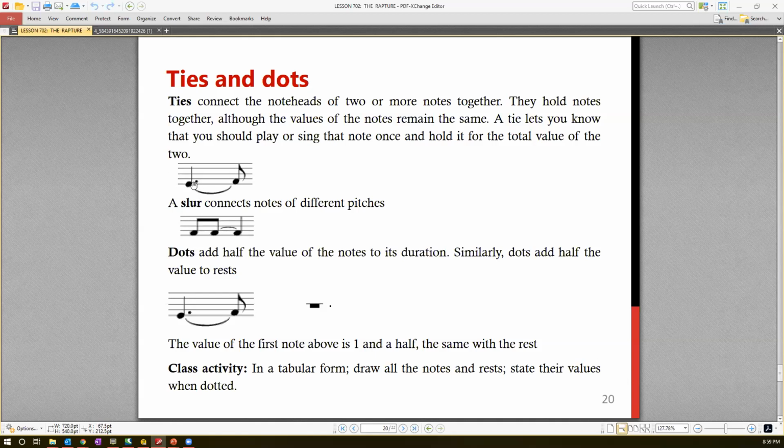This note is on the first line, this note is on the first space. And we want to slur them. We call that a slur, because we have two different notes, two different pitches.